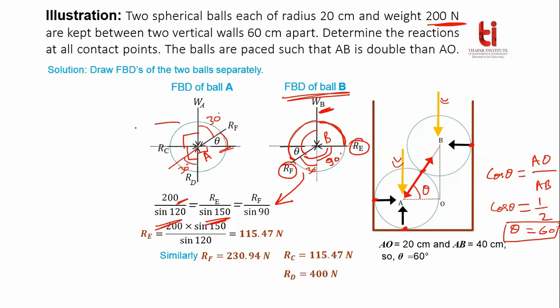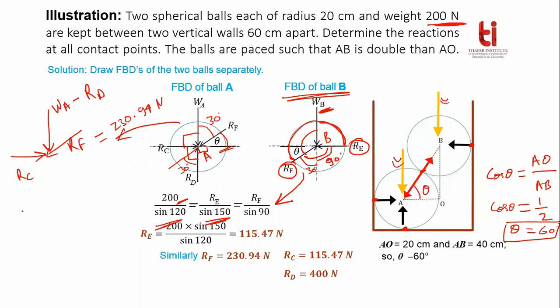So simplify this FBD in this particular form: this is your RC, this is your RF. This force is WA minus RD, and this RF is given to you, that is 230.94 Newton.